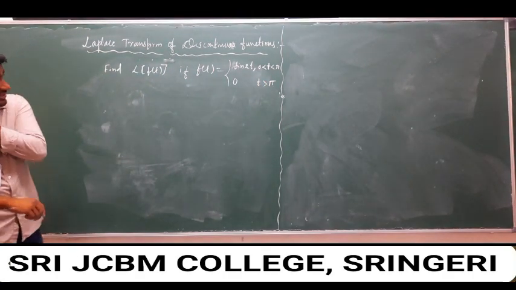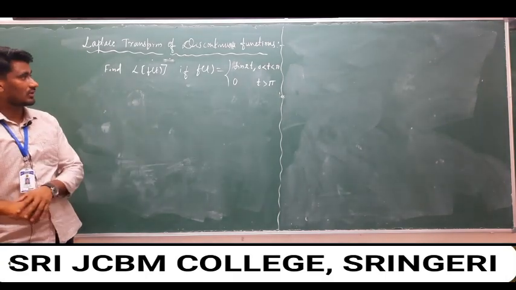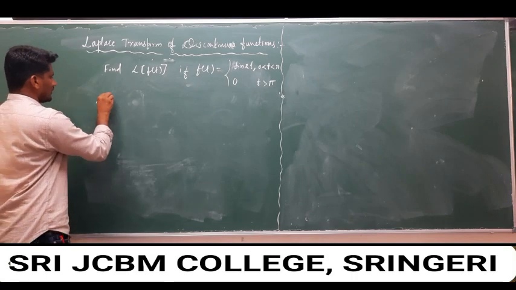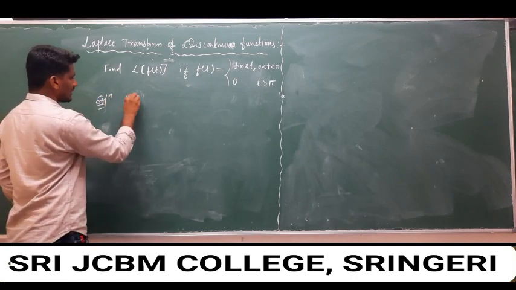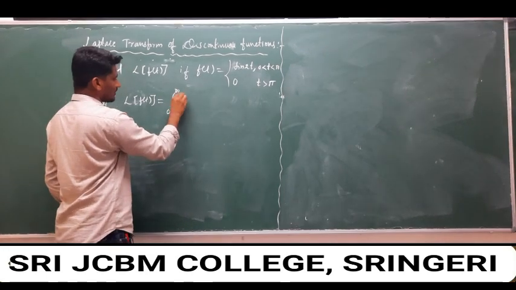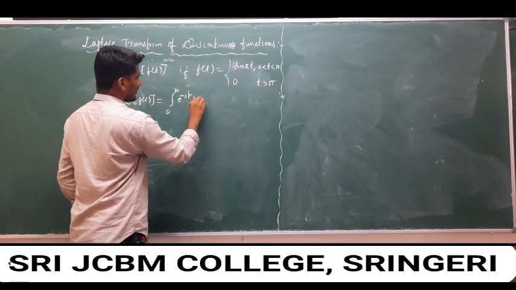So again, by the definition of Laplace transform, we have to solve a discontinuous function. As we know, the definition of Laplace transform is f of t equals integration 0 to infinity e to the power minus st f of t dt.